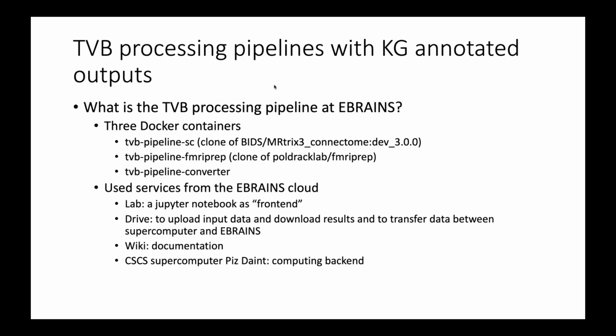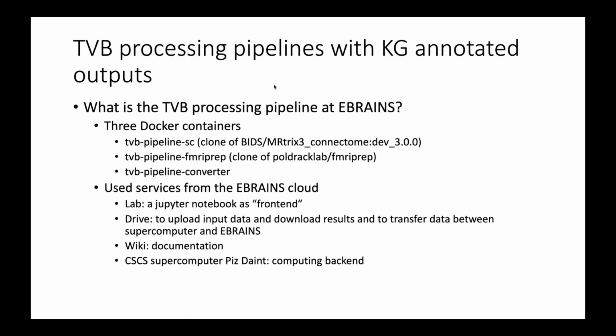Then we have a clone of fMRIPrep, a popular software for fMRI preprocessing. And then we have the TVB pipeline converter, which takes the outputs of the first 2 containers and performs some further processing on it, and then generates the outputs in BIDS format and in TVB ready format.